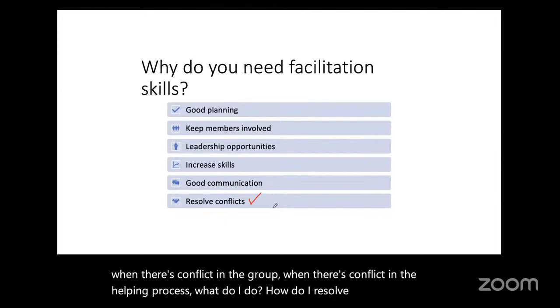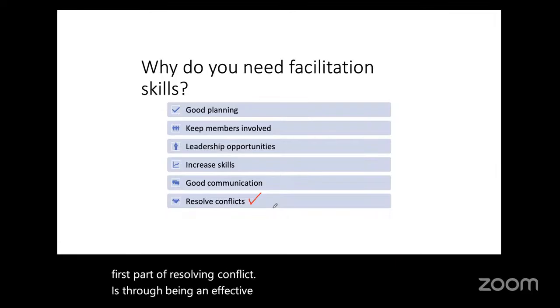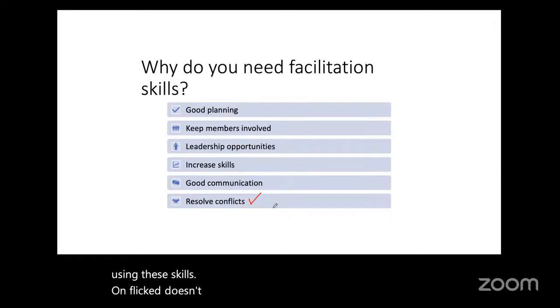Well, the first part of resolving conflict is being an effective facilitator and using these skills. By using these skills, conflict doesn't become divisive. It doesn't become aggressive.